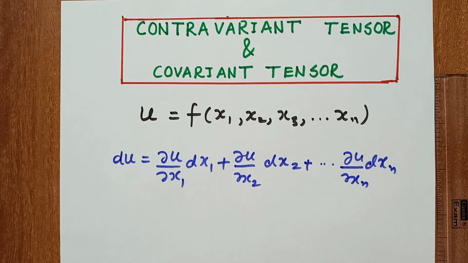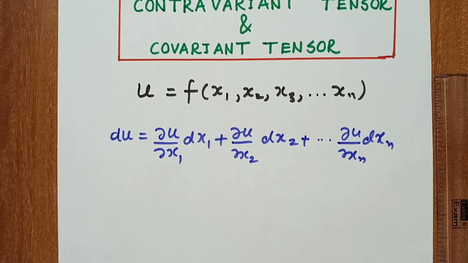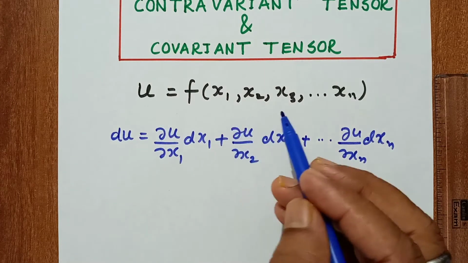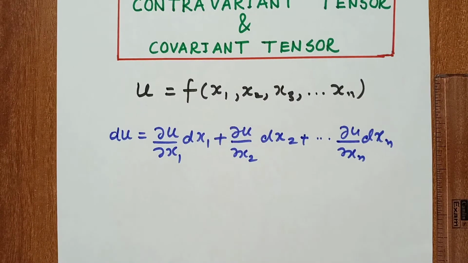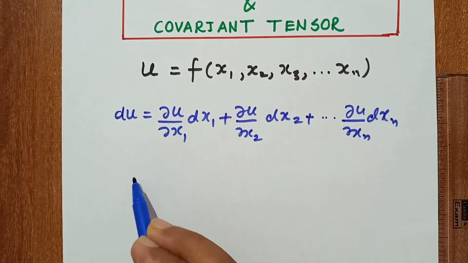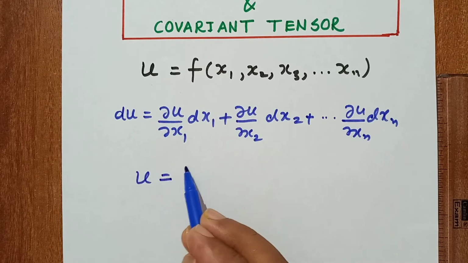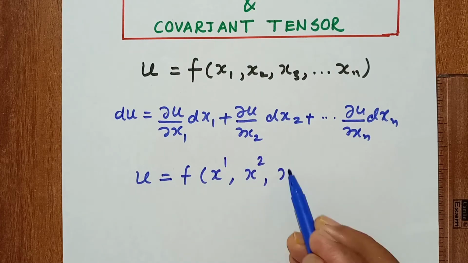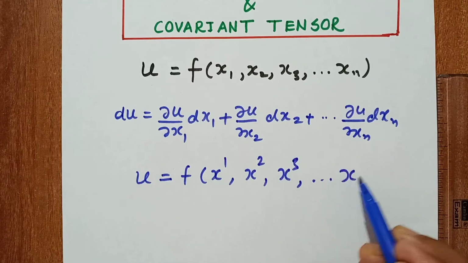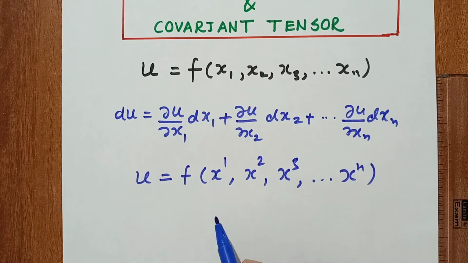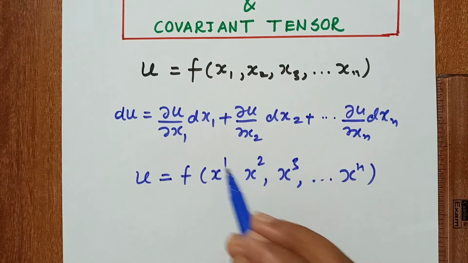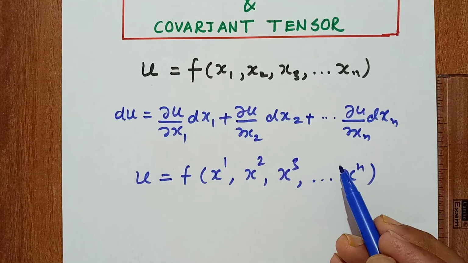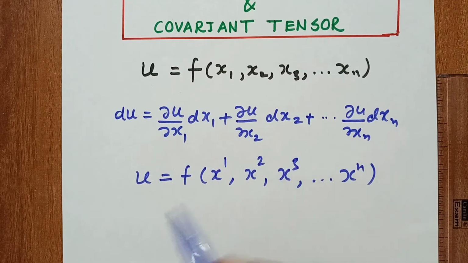Now because we need to study contravariant tensor and covariant tensor, in place of x1, x2, x3 up to xn, we use the following notation. u is a function of x1, x2, x3 up to xn, where, as we discussed before, these are superscript indices for n dimension, in Vn, the n-dimensional space.